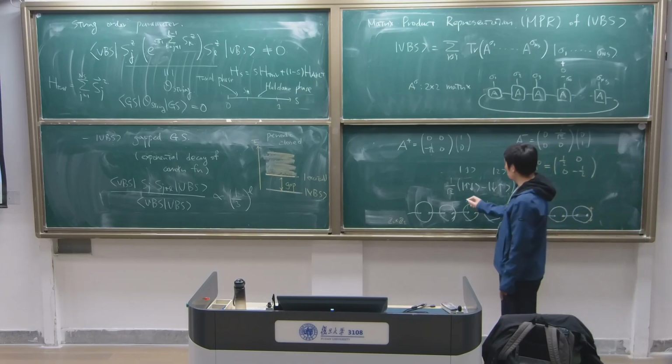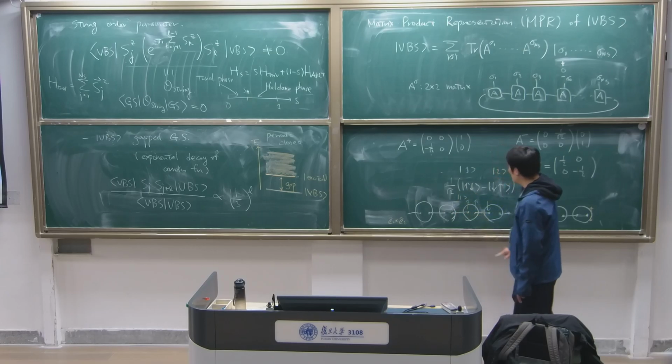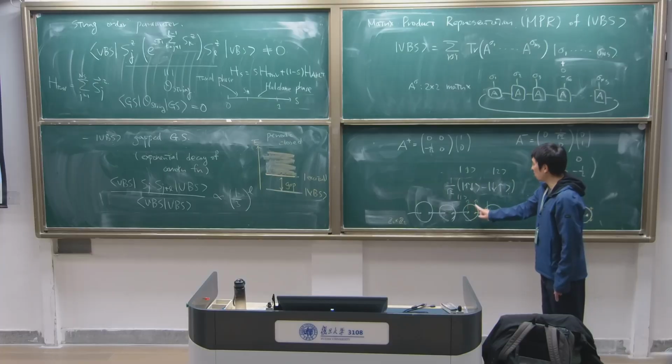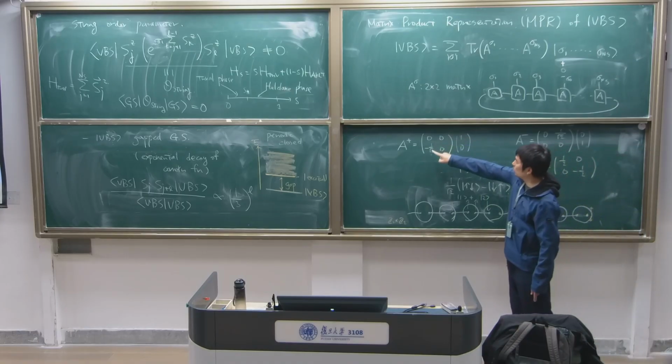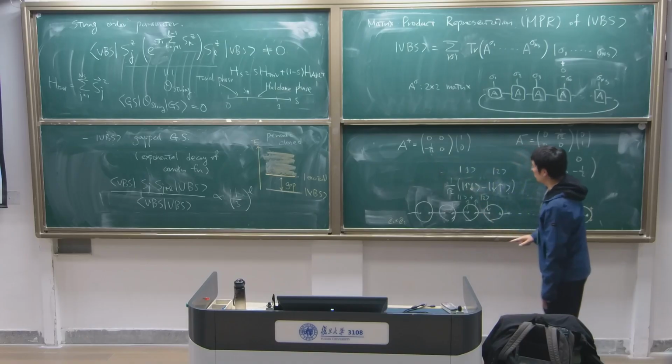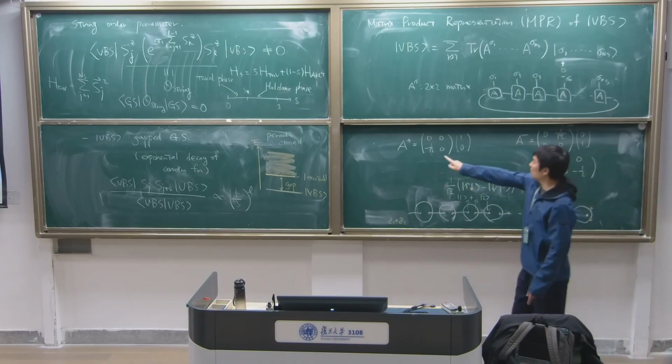So this is one state here. And in one state, if you have a plus sign here, you just move to the two state. So this one state is moved to two states up to some factor.